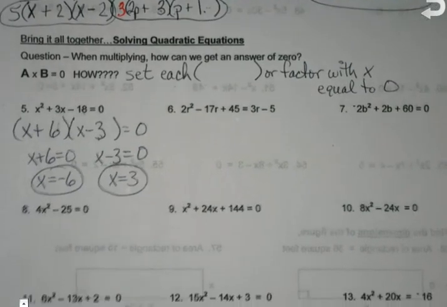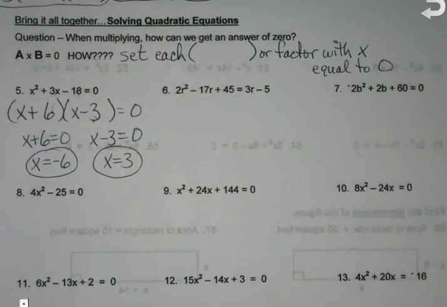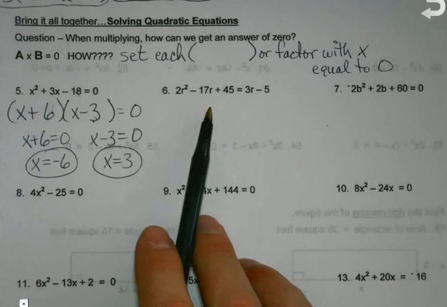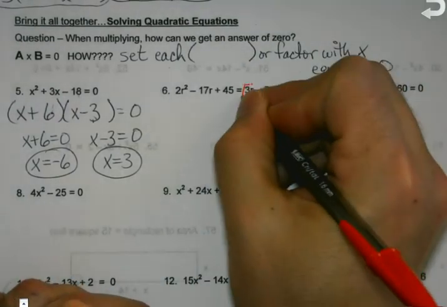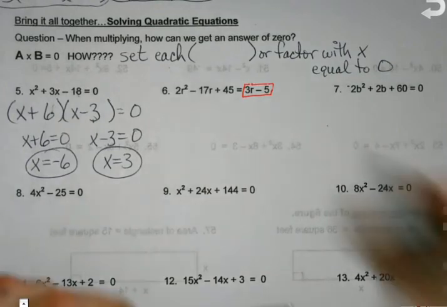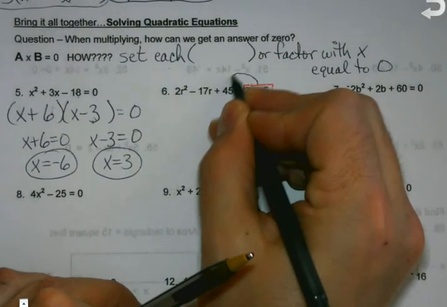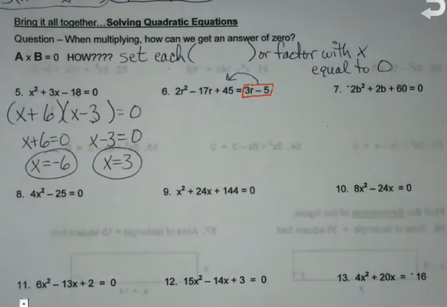So are they always just going to be diamonds? Well, no, of course not. So like for instance here, the kicker here is these need to be in equal 0 form. So these need to move their way over to the other side.